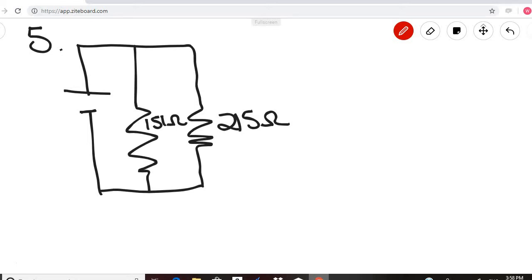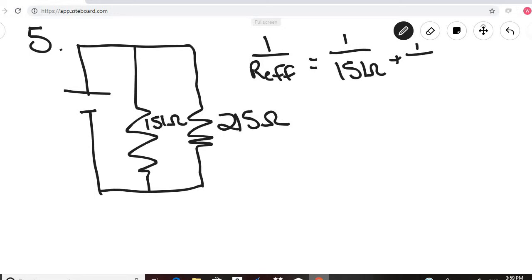So they are parallel resistors. So that means that 1 over R effective is going to be equal to 1 over 151 ohms plus 1 over 215 ohms.